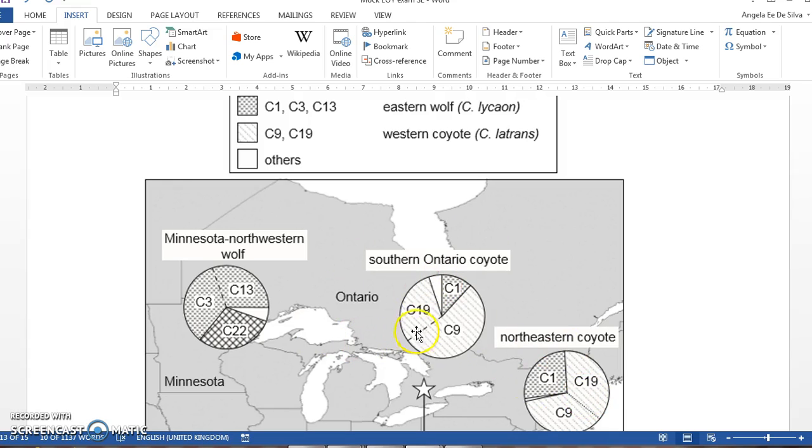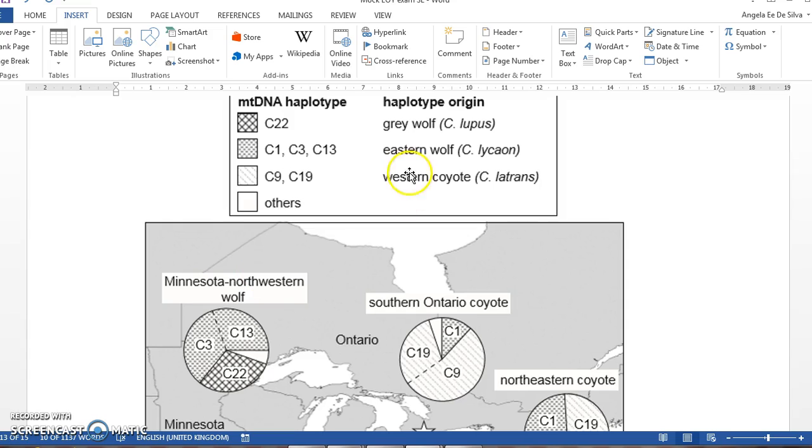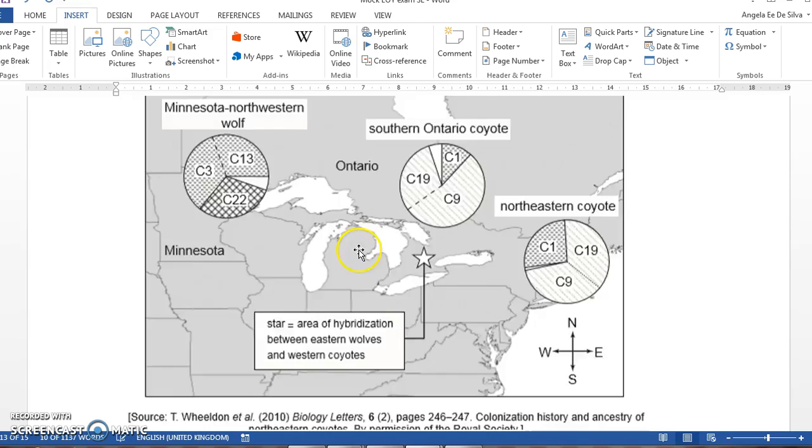So this means that they share the common ancestor. However, their haplotypes are different. Southern Ontario and Northeastern Coyote have the C1 haplotype, whereas Minnesota Northwestern wolf has the C3 and C13 haplotypes from the Eastern wolf. So they have different haplotypes from the Eastern wolf.